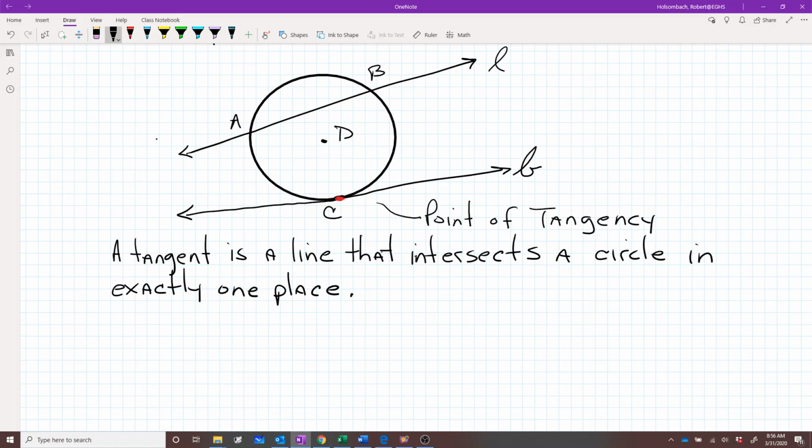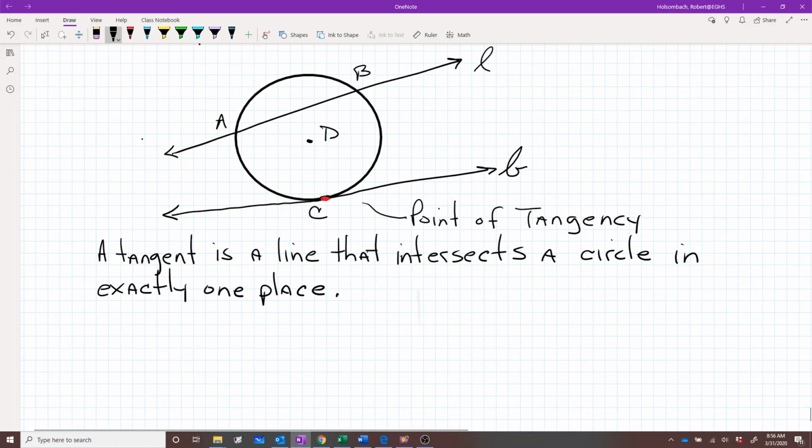So let's get a rule in your notes that applies to secants and tangents.